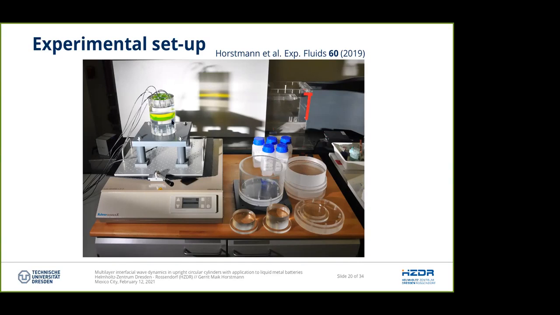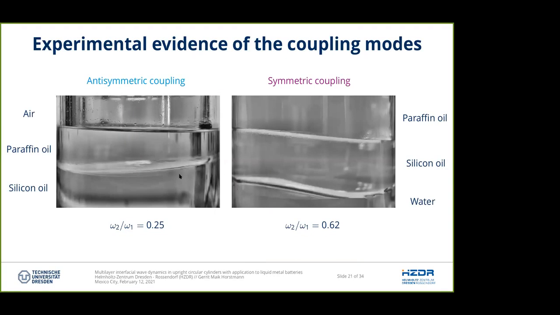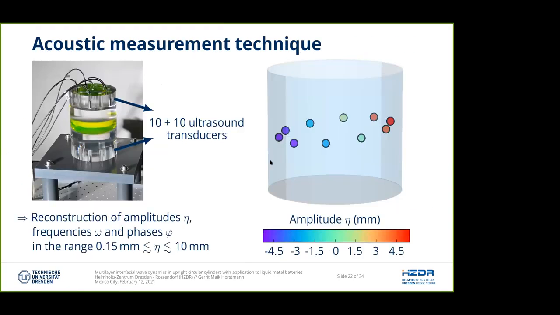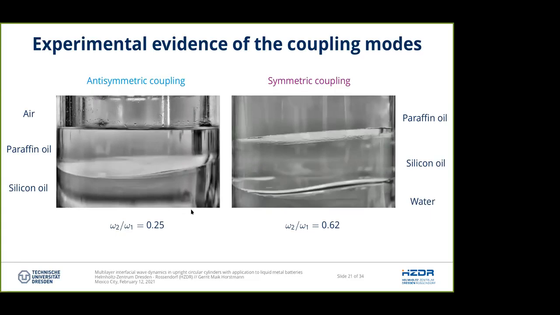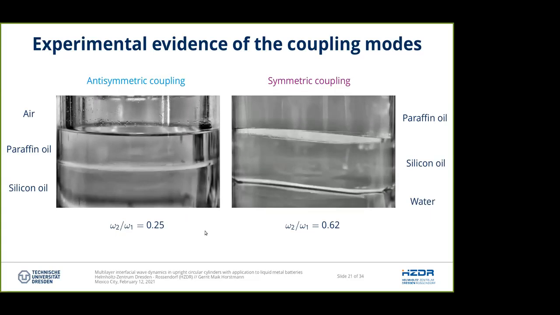So for this reason, I avoided optical measurement techniques. I applied simple ultrasound measurements. And the first qualitative result was that indeed I could recover both coupling regimes in the experiment.